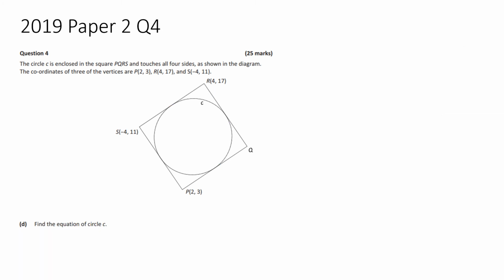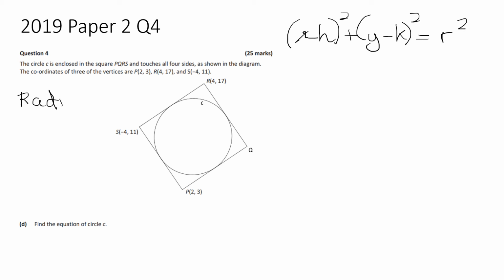So for the next bit then, what I need to do is find the equation of the circle. Your equation of the circle is in your formula and tables. So it's x minus h to be squared plus y minus k to be squared is equal to your radius squared. From the previous question, we knew that the radius was 5, and we knew that the center was (3, 10).